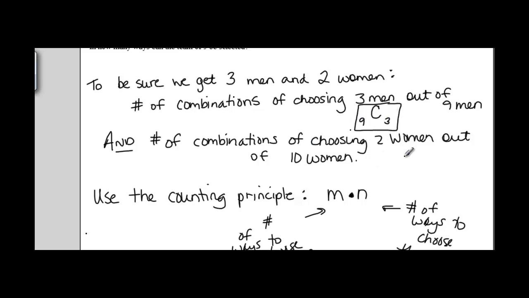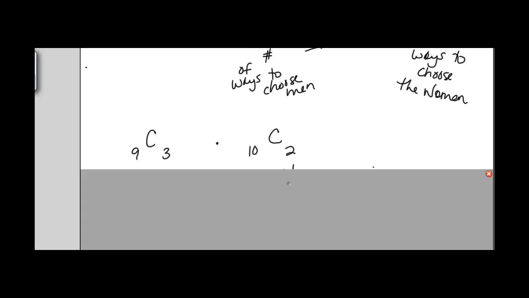We'll do the same thing with the number of combinations of choosing 2 women out of 10 women. So the N would be 10 total. That's how many women we have available to choose from, and we'll select 2 at a time. And again, order does not matter. So from up above, the number of combinations of choosing 3 men out of a total of 9 men would be represented with 9 choose 3.